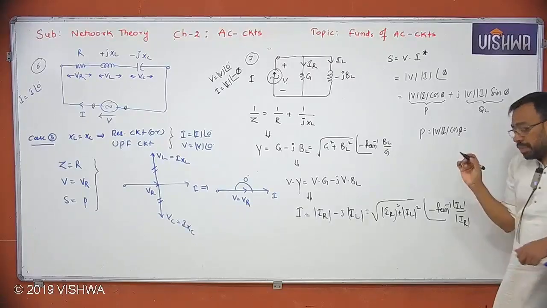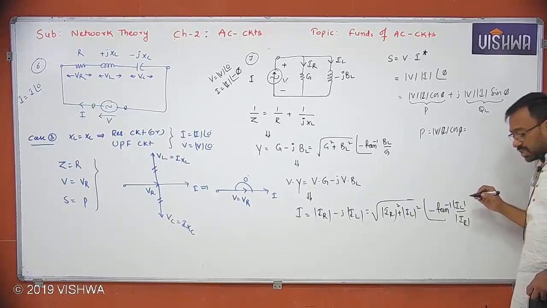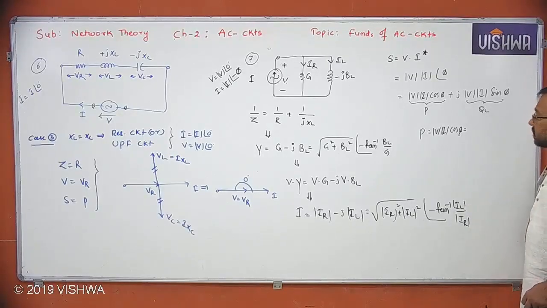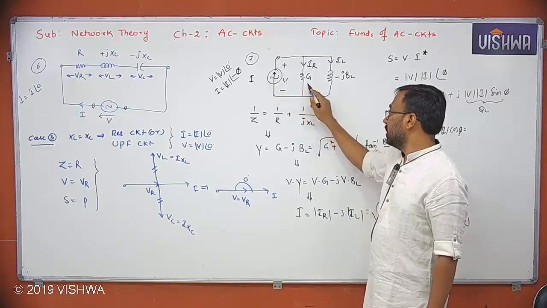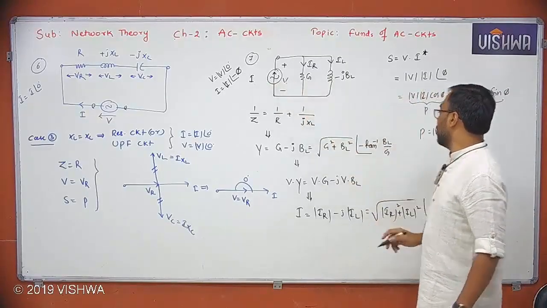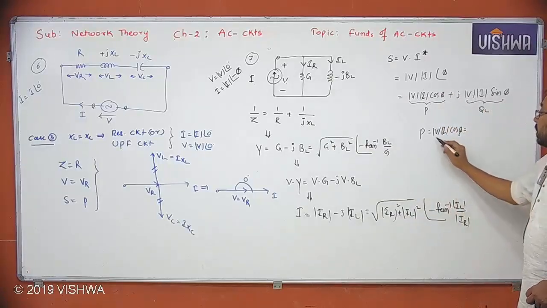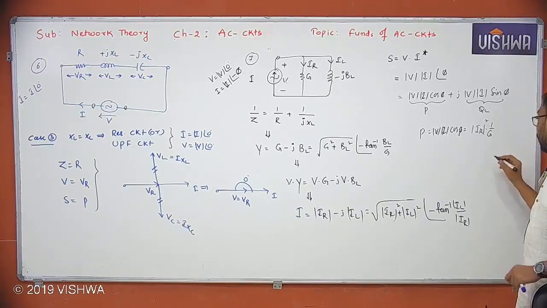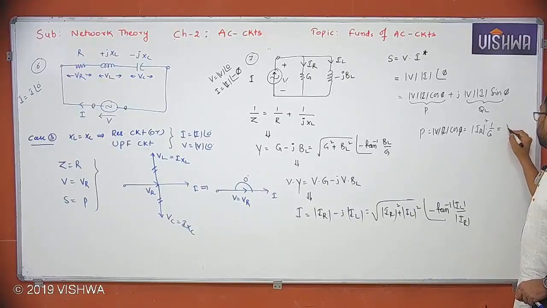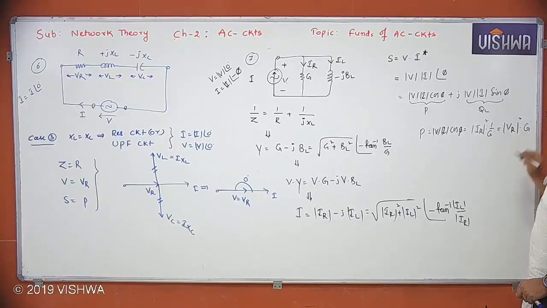So I told you to remember always the formula as IR square R, VR square by R. You can clearly understand you cannot write I square into R because I is different, IR is different. That is why I told you to remember always VI cos phi, IR square into R or else IR square by G, or else VR square by R or else VR square into G. That's it.